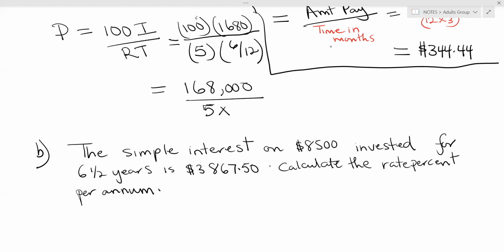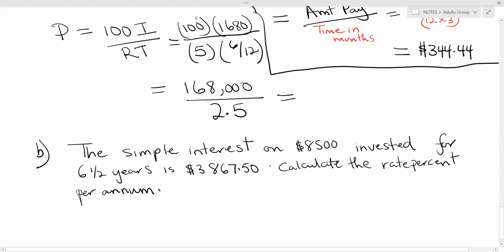Oh, you're doing it piece by piece. Yeah, I'm doing it piece by piece for you all to see the answer you're talking about, right? So 168,000 for the top, right? And then it's going to be 5 multiplied by 0.5, which is 2.5. Yeah?